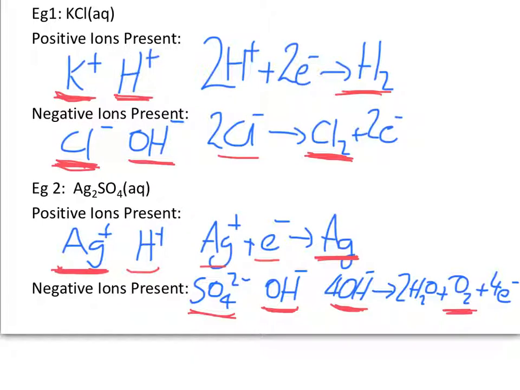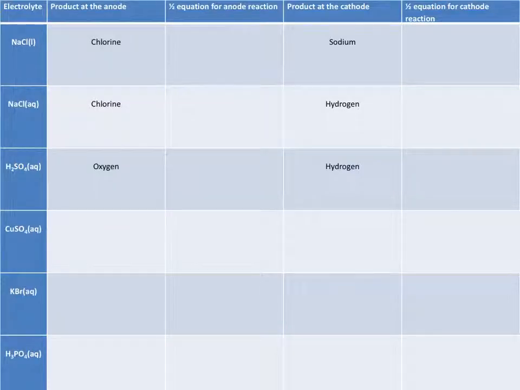So let's see if we can apply these rules to these 6 electrolytes. The first one we don't actually need the rules for, because sodium chloride liquid is not an aqueous electrolyte.